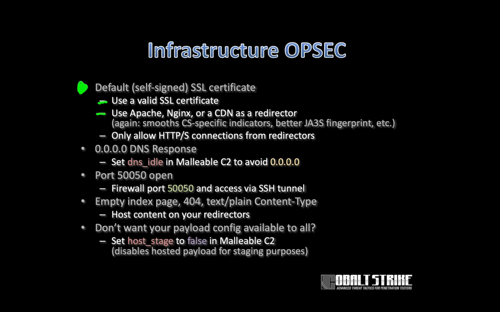I also recommend that if you do use an Apache or Nginx server or a CDN as a redirector, that you firewall your host to only allow HTTP or HTTPS connections from those redirectors. I recommend this step to keep your team server and its indicators, without the redirectors, out of systems like Censys.